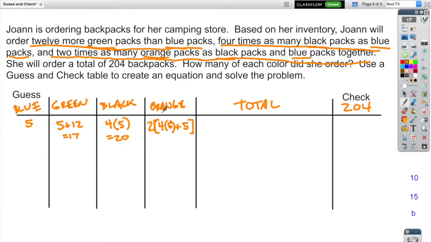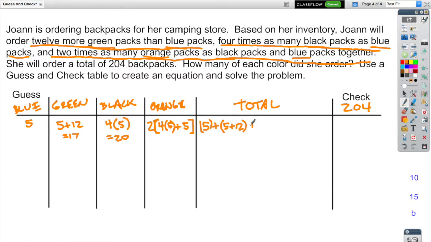All right, so let's total all this up. Let's take the blue, which was 5, plus the green, which was 17, 5 plus 12. I'm just going to put that in parentheses so we can separate it out from these blue ones. So these 5 in this parentheses is the blue. This is 5 plus 12, that's the green.